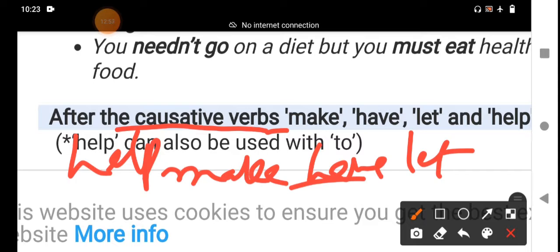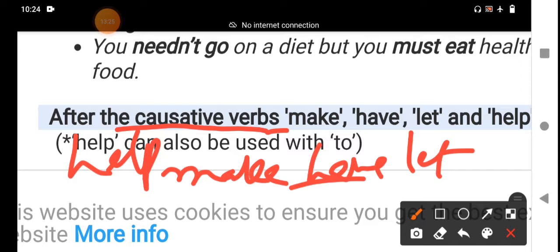Causative verbs make, let. And these verbs also take bare infinitive. Some exceptions are there. What is the meaning of exceptions in the English language? Every grammar topic has some exceptions.